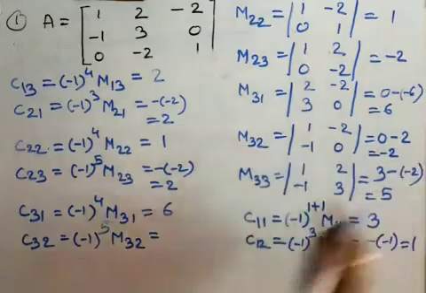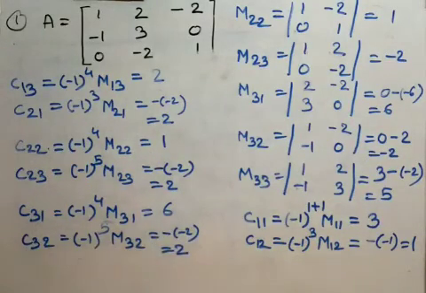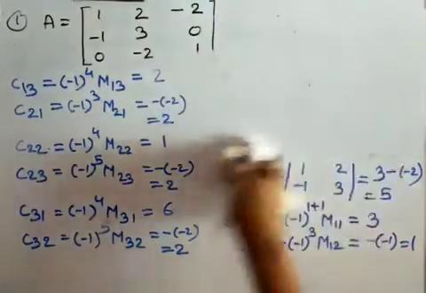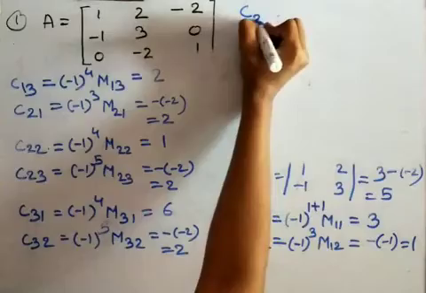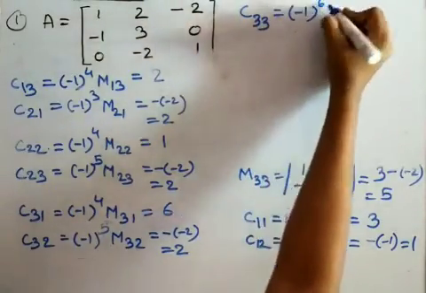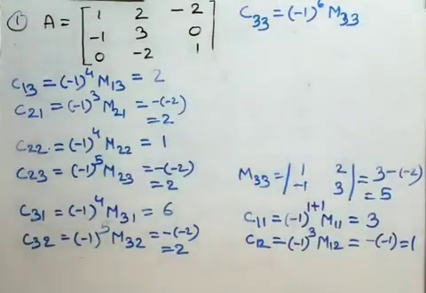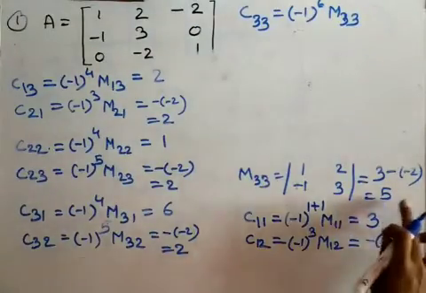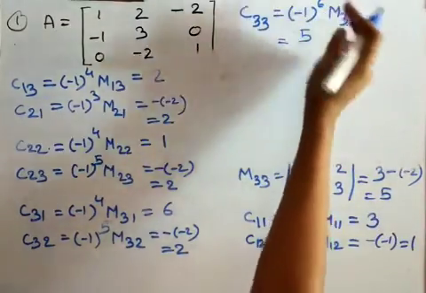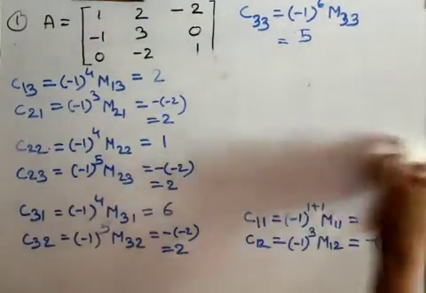M32 is minus 2, so minus of minus 2 will be plus 2. Okay, last is C33. The formula becomes minus 1 raised to 6 into M33. M33 is 5, so the answer is 5 because minus 1 raised to 6 is plus 1. Okay, so we are done finding the cofactors.